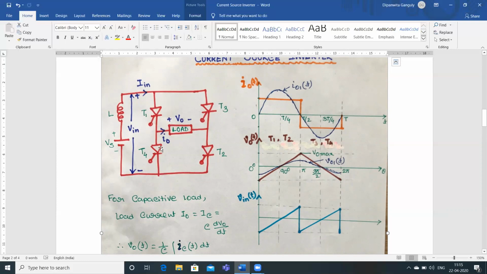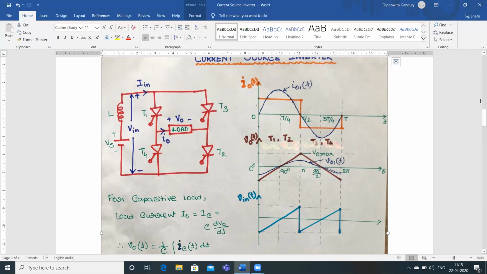So T3 and T4 will be naturally commutated. Natural commutation is possible in the case of a capacitor, but if we replace the load by a resistor, then natural commutation is not possible. In that case force commutation is required, so we need to add an additional force commutation circuit.